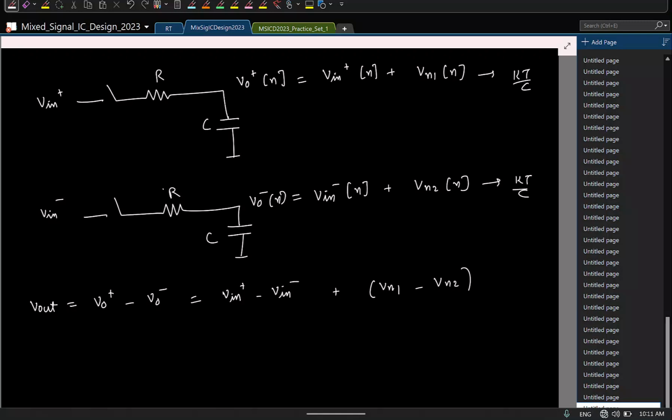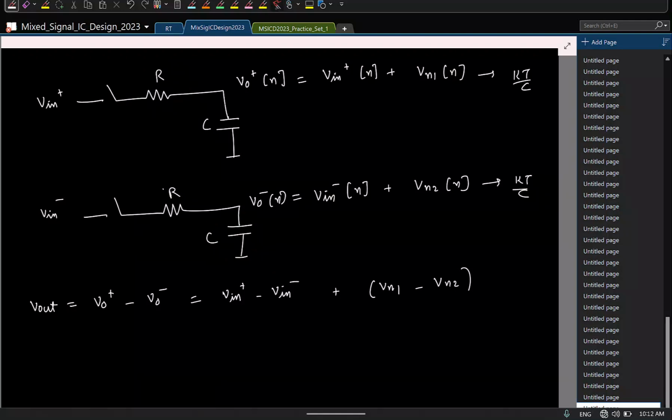In the differential case, this will be the effective noise. And please remember that, do you think these two noise samples are correlated or uncorrelated? They are uncorrelated because the noise here is coming due to this resistor, the noise here is coming due to this resistor. They have no relation. So even Vn1 and Vn2 will be uncorrelated.